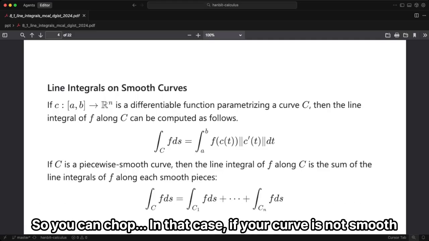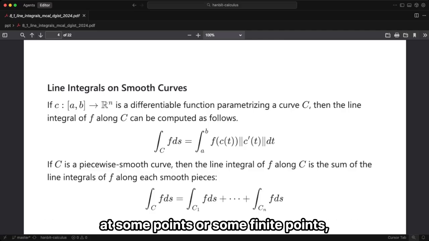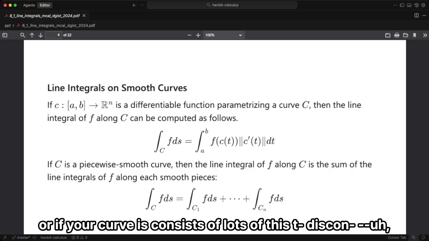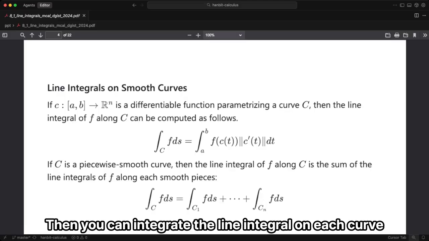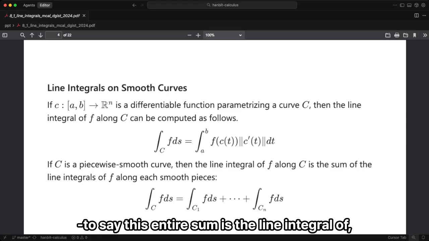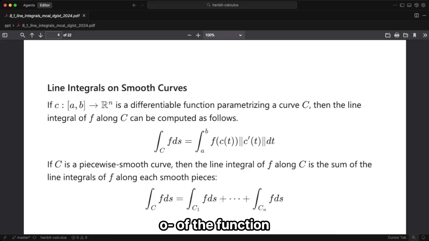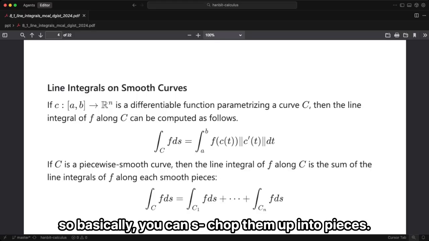So in that case, if your curve is not smooth at some finite points, or if your curve consists of lots of distinct elements, like disconnected parts, then you can integrate the line integral on each curve and then sum them up to say this entire sum is the line integral of the function over this entire curve. So that's what it says. Basically you can chop them up into pieces. All right, so example here.